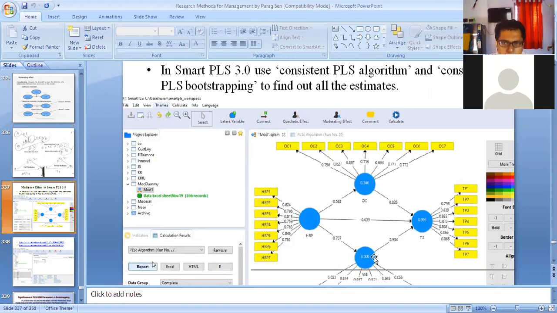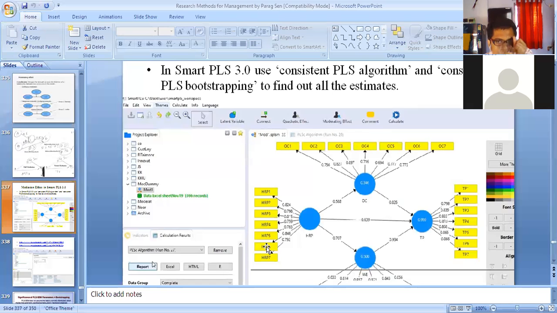Under these constructs, there are several variables. These constructs are unobserved, or latent, variables, and these variables are observed or manifest variables.